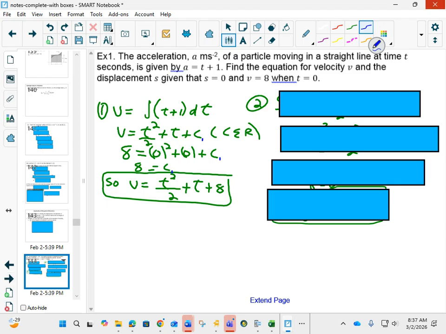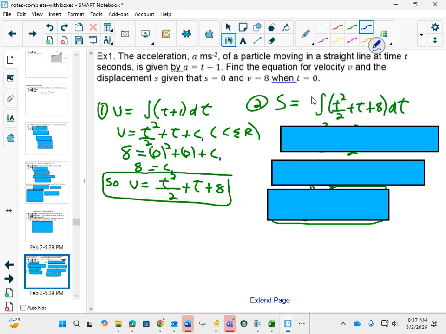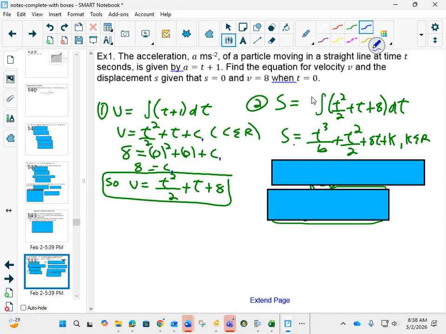And then from there, we can do the integral of our velocity formula to get our displacement formula. So I used a different letter. I was worried I'd use C again. I used K this time.